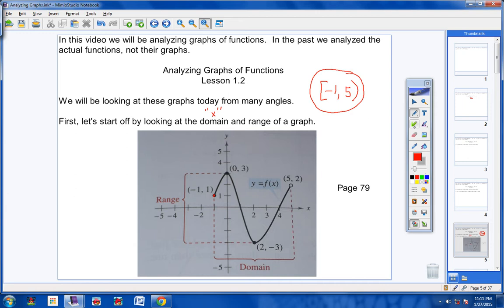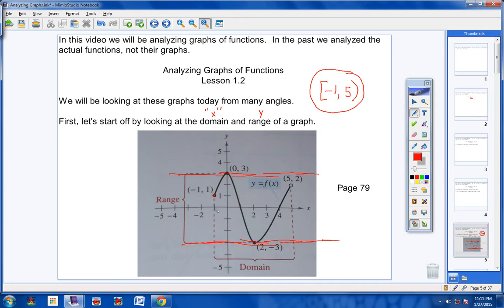Now let's talk about the range. The range, of course, is the y values. So now I'm going to draw some horizontal lines. Go to the highest point on the graph, which is here, and draw a horizontal line. Now go to the lowest point on the graph, which is right here, and draw a horizontal line. Okay? Now, think about it, guys.